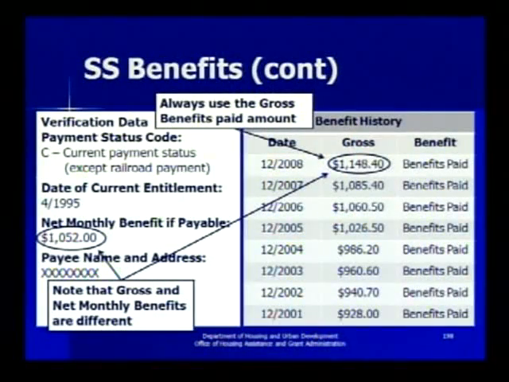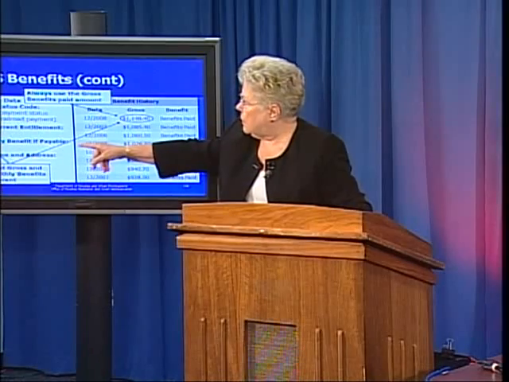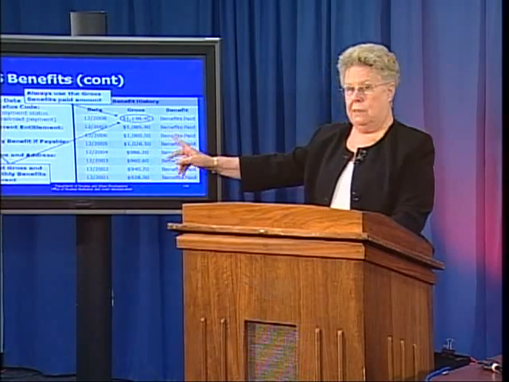So this first example for Social Security is just simply that the tenant is receiving Social Security benefits. I have a couple slides here that I just want to point out that you may see a gross amount and a net amount that are different. That means there's been some type of deduction from that person's Social Security check.